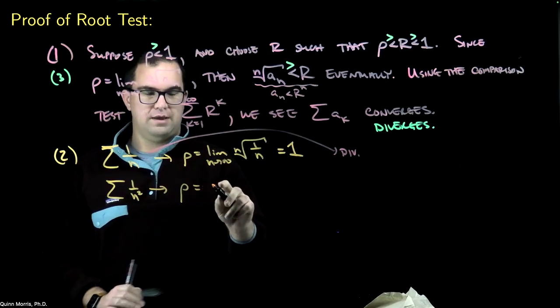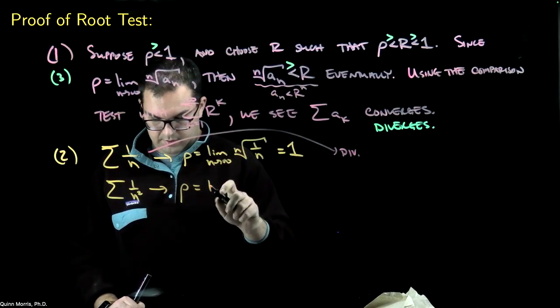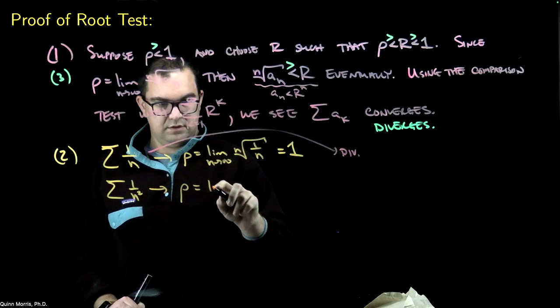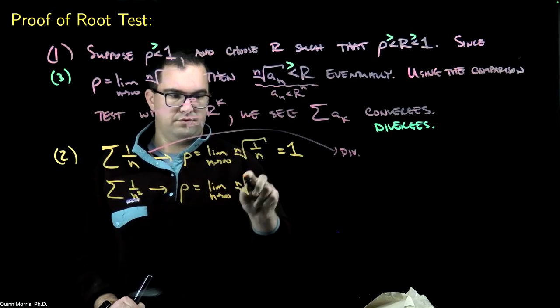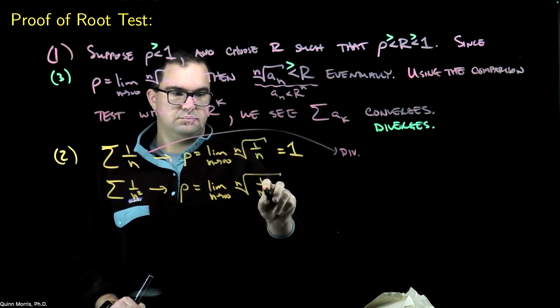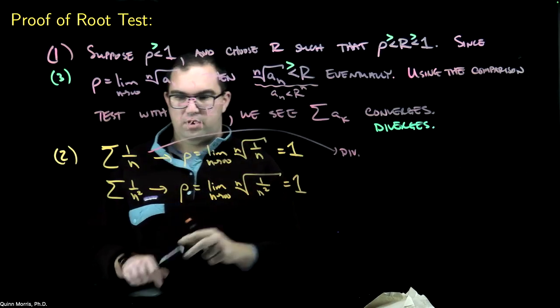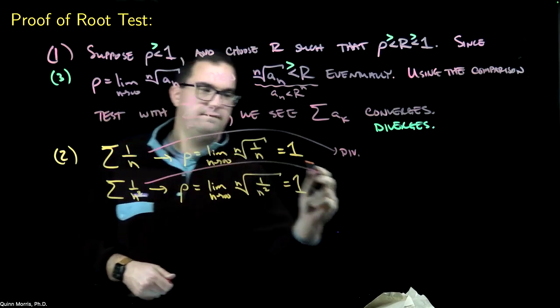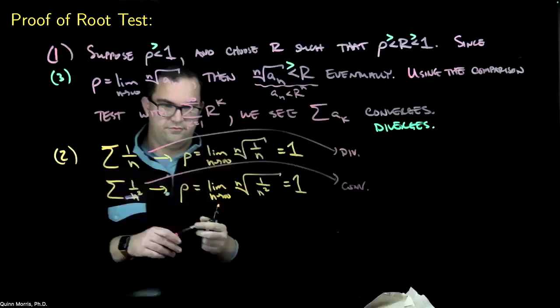Also, if I calculate rho here, this will be the limit as n goes to infinity of the nth root of 1 over n squared. This will also be equal to 1, but this series converges.